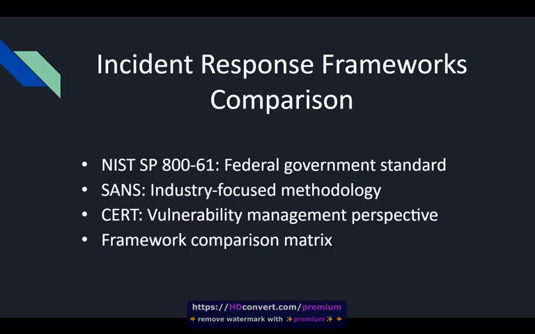Now, we will see the incident response frameworks. We researched three major incident response frameworks to understand different approaches to handling security incidents. The first one is NIST, which provides federal government standards and guidelines that are widely adopted across various sectors. Secondly, SANS. It's an industry focused methodology which offers best practices that are popular in corporate environments.